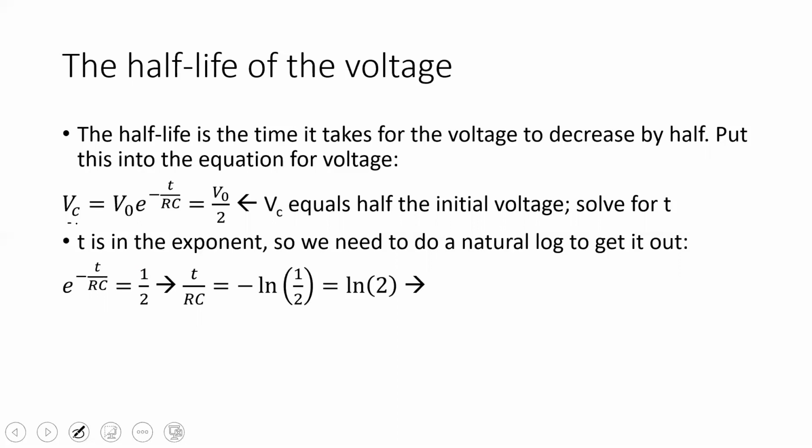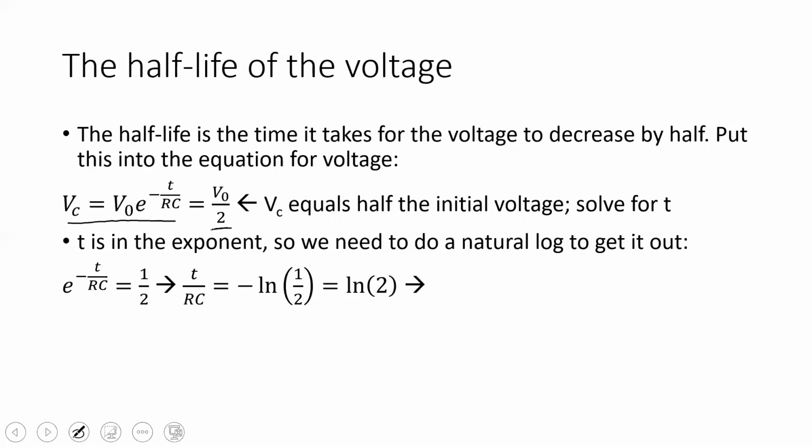This is our equation for the voltage for our discharging capacitor. When the capacitor discharges, we want to know when the capacitor voltage, VC, equals half of our maximum voltage. So we set it equal to V0 over 2.